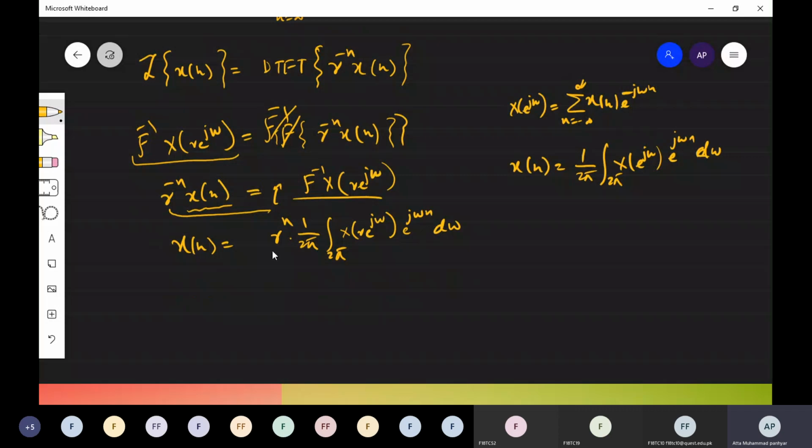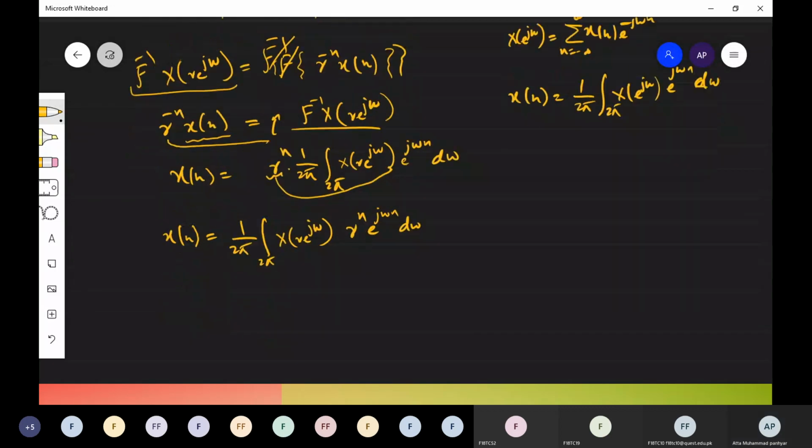Now what if I take this term inside the integral? Then what I get is x of n is equal to 1 over 2 pi integral over 2 pi of x of r e to the power j omega, this r to the power n e to the power j omega n d omega.